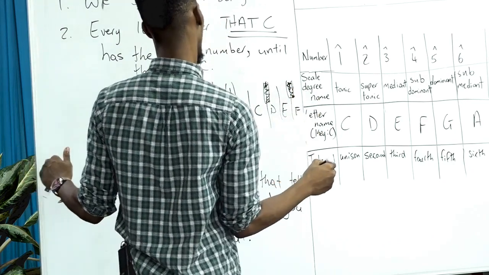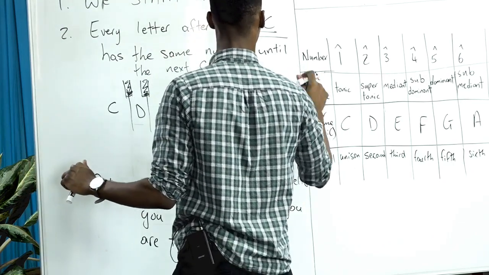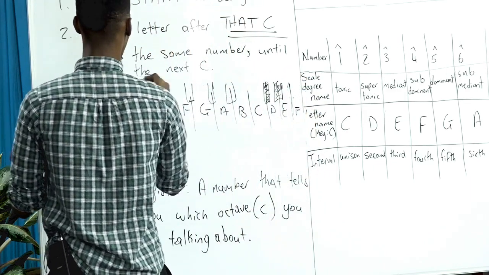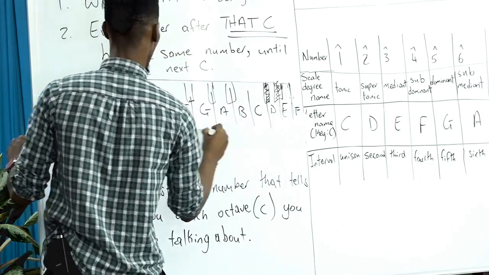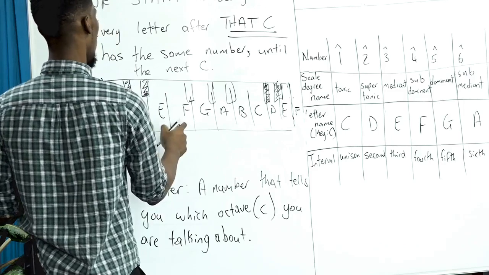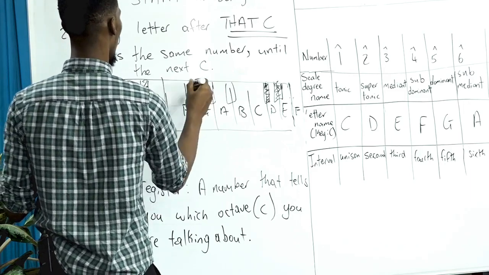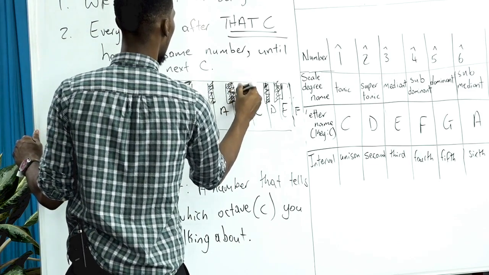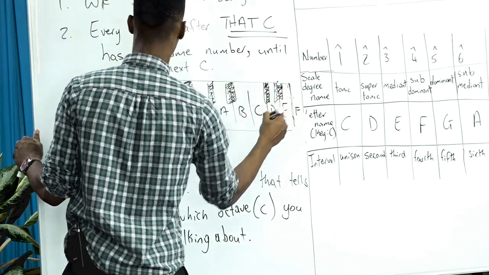This piano looks a little weird, but that's okay. We have C, D, E, F. Remember, E and F don't have any black key in between.